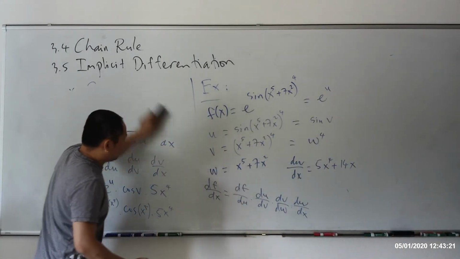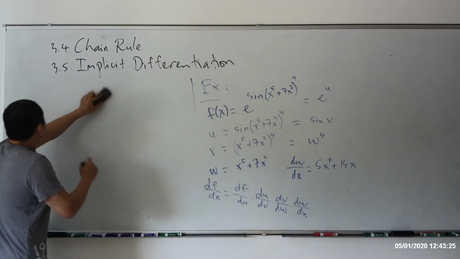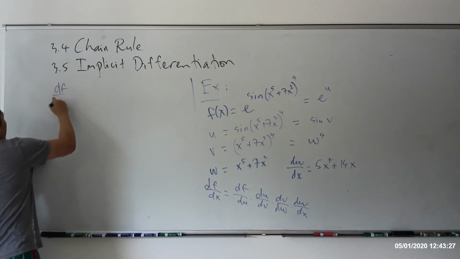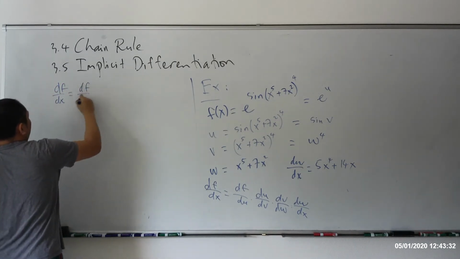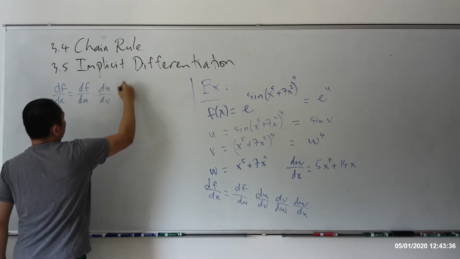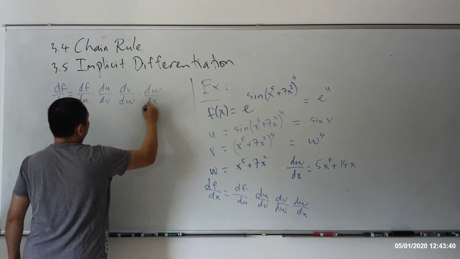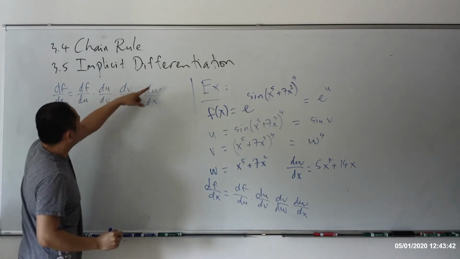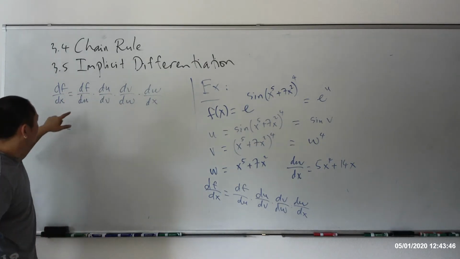I guess I need more room to write, so let me bring it up here one more time. df over dx is equal to df over du times du over dv times dv over dw times dw over dx. Okay, so the u cancels out, the v cancels out, the w cancels out. It's really df over dx. So let's do one chain at a time.